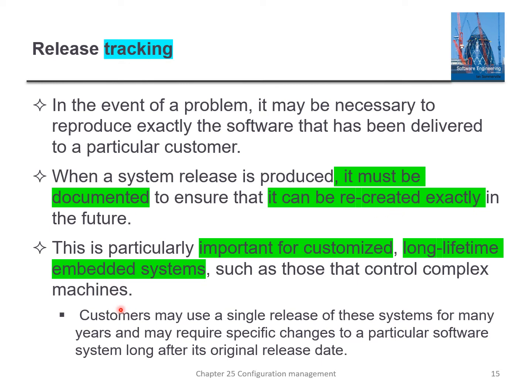This is very important, especially for customized products. As I mentioned just now, different customers will be using different versions, with different versions of library packages and different hardware running. So by being able to document it, you are able to track it.